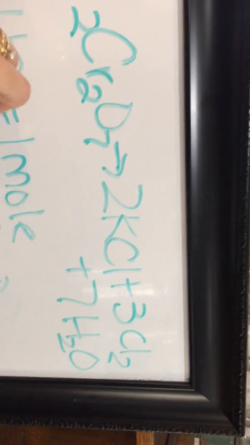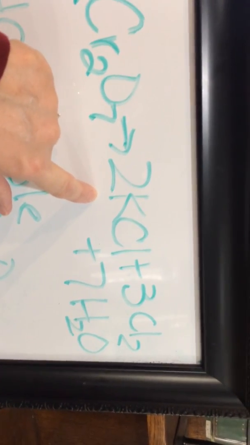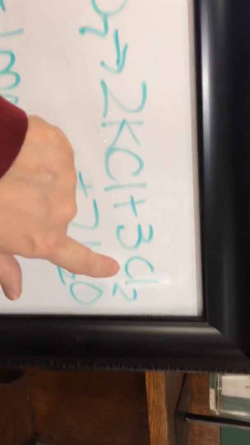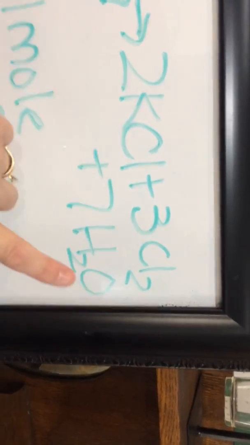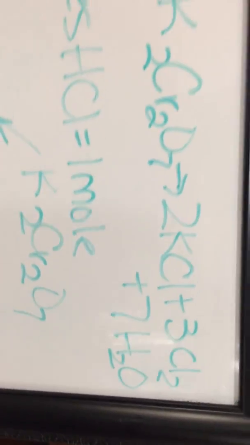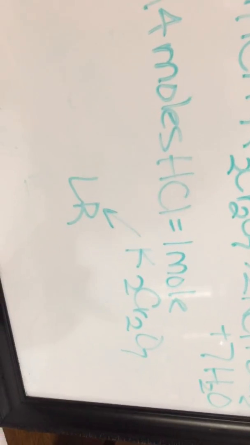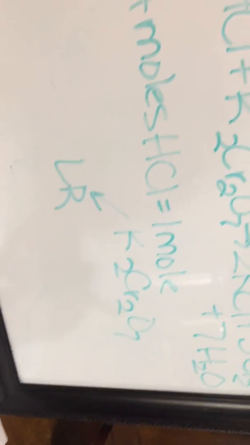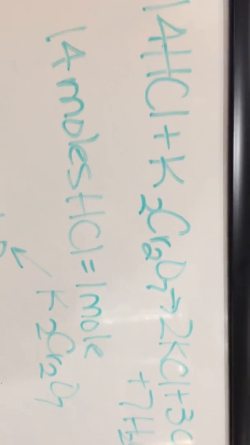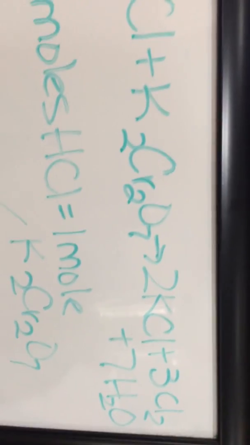You would only create 2 KCl, 3 Cl2 and 7 H2O. So the question asks, how many moles of KCl would be formed? The answer is 2. That does not change.